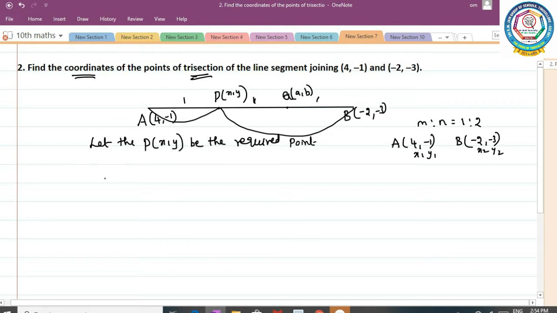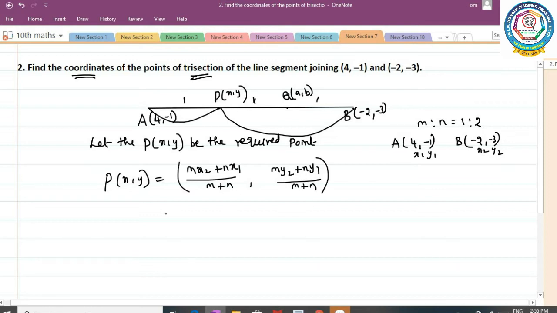So by using the section formula, what is the section formula? P of (x, y) equals (m x2 plus n x1) by (m plus n), comma (m y2 plus n y1) by (m plus n). So we have to substitute the values in this formula.